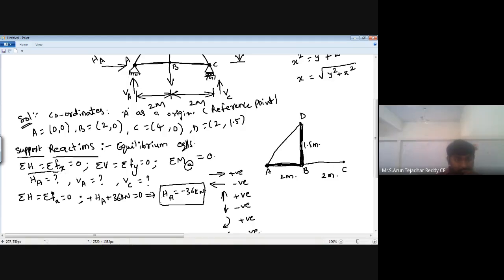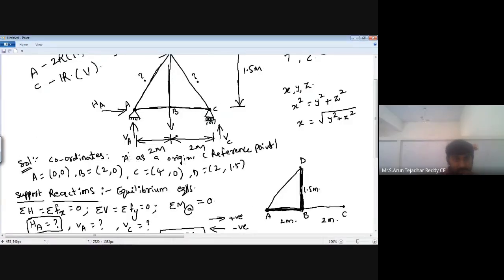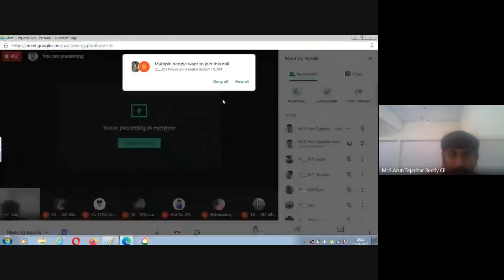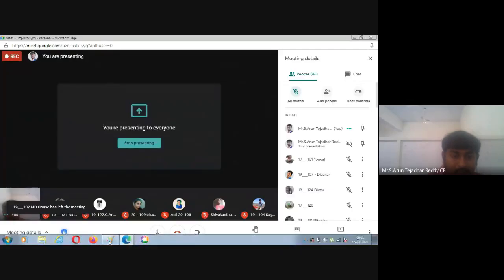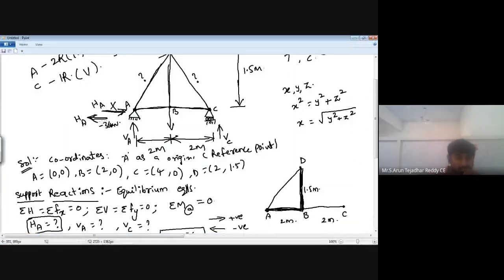So one unknown reaction completed. HA is minus 36 kilonewton. It means this force is 36 kilonewton, but here we mentioned right side direction, but this is not correct, because we got a negative value. So change the direction.